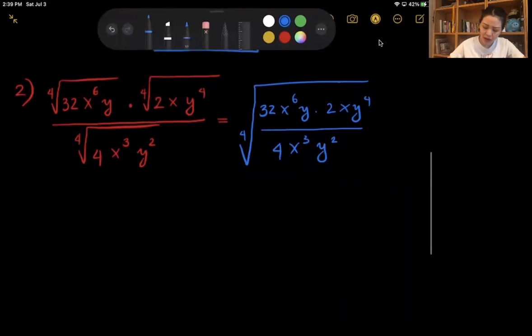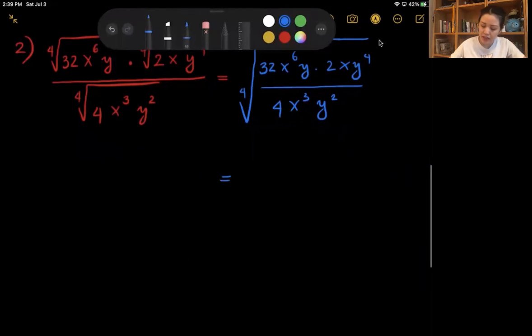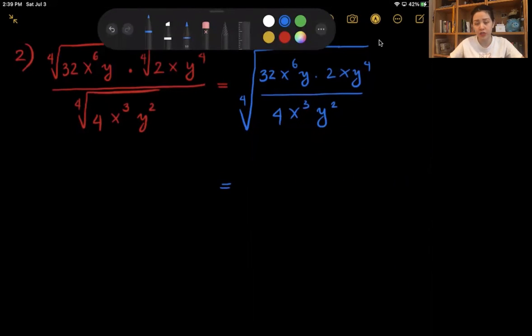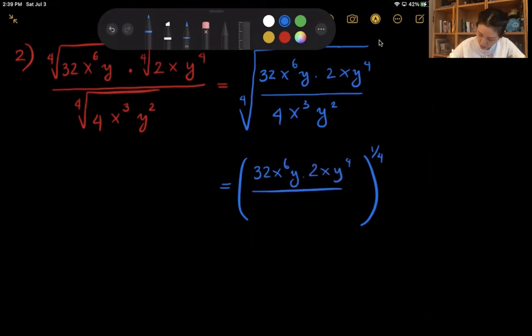Okay. Now, instead of leaving this as a radical expression, I'm going to change it into a rational expression. So the 4th root is the same thing as the 1/4 power. Okay. And then just rewrite what's inside: 32x to the 6y times 2xy to the 4 divided by 4x cubed y squared.